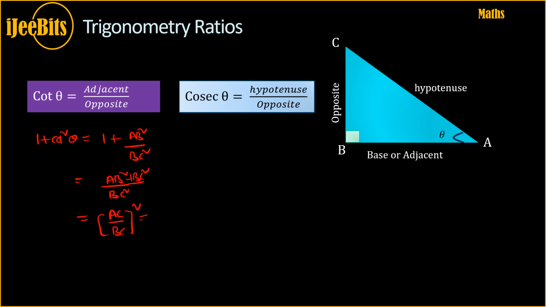AC by BC is nothing but cosecant, so this is cosecant square theta, and hence our relation 1 plus tan square theta equal to cosecant square. I'm sorry, this is cot. Let me erase. 1 plus cot square theta equal to cosecant square theta.